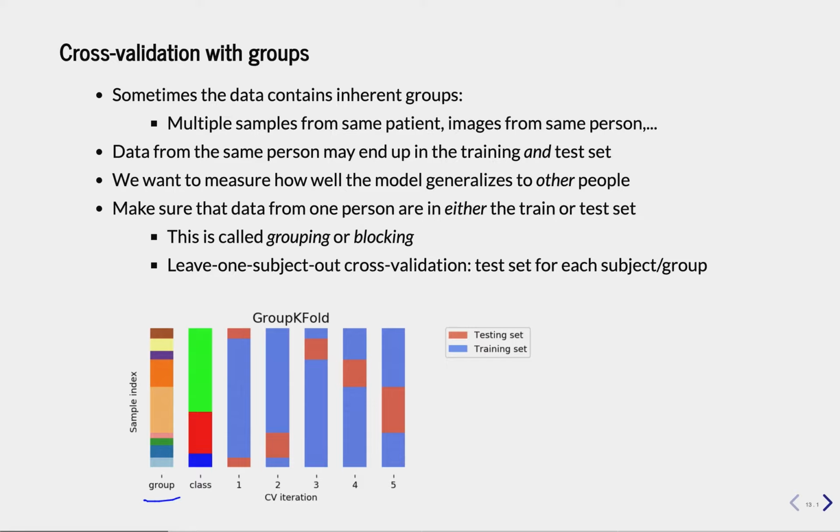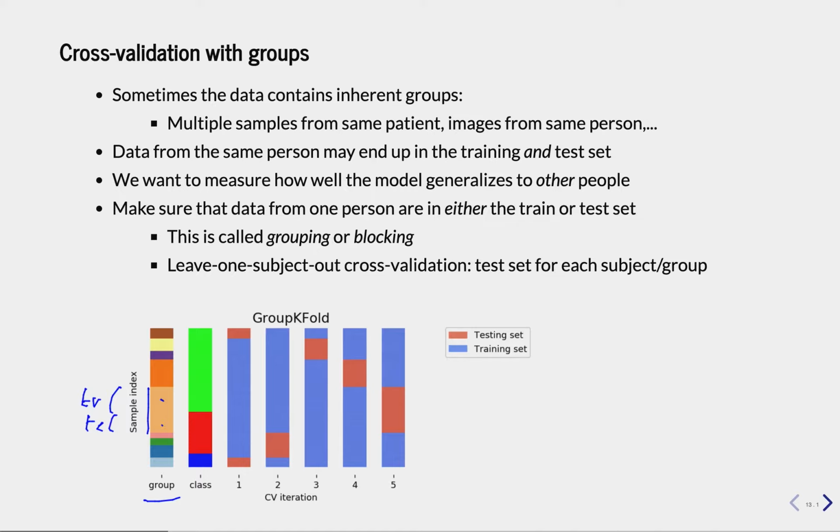Now, if you do that, so say I have this batch data set here, and I split that into training and test sets. Some of these points end up in the training set, and some points end up in the test set. What it means is that now you're testing your model on people it has already seen before in your training data.